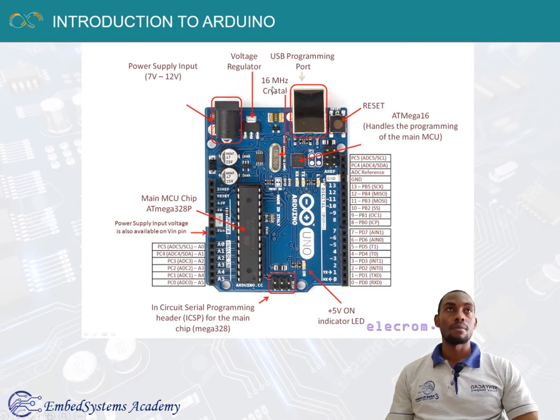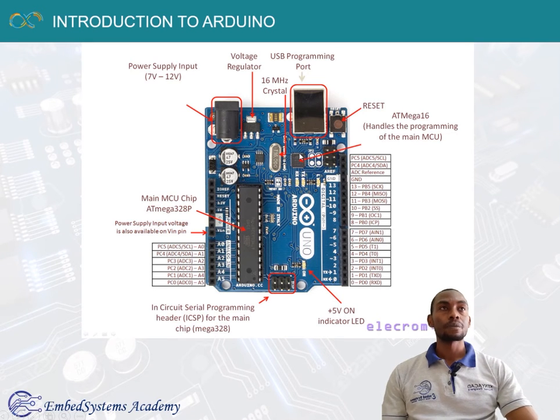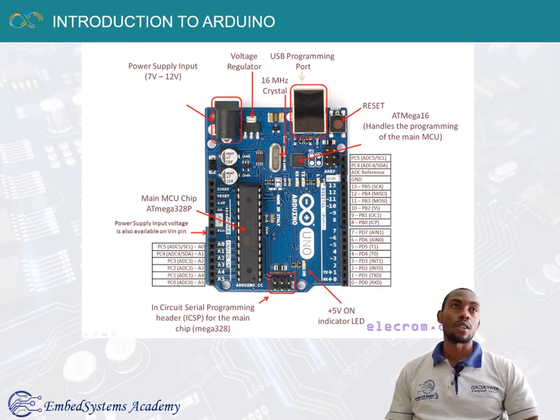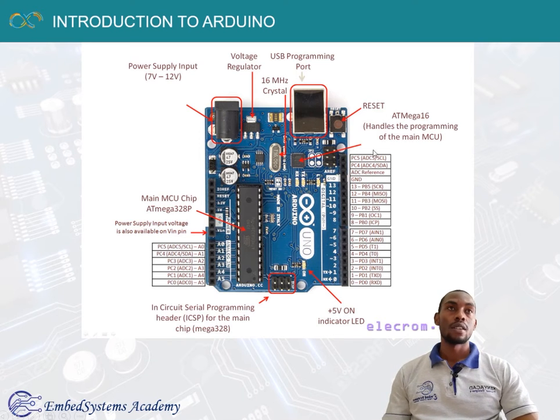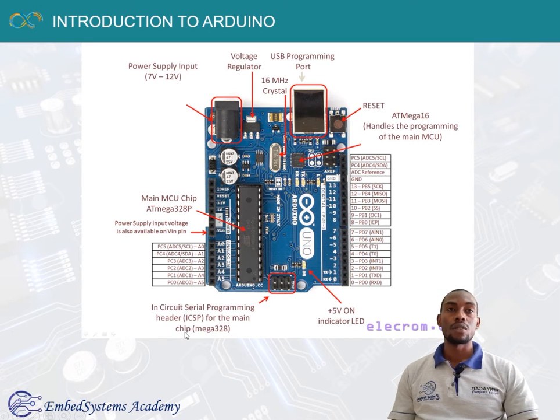And this is a 16 megahertz crystal, a reset button, and then we have an Atmega 16, which handles the programming of the main microcontroller. This is what connects this USB programming port to the main microcontroller unit. Then here we have the in-circuit serial programming header, also called ICSP, for the microcontroller.